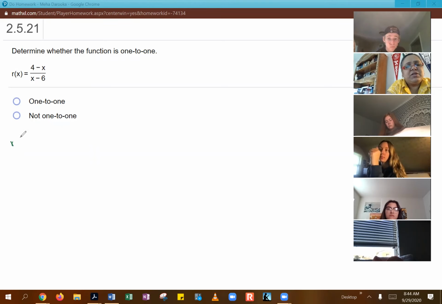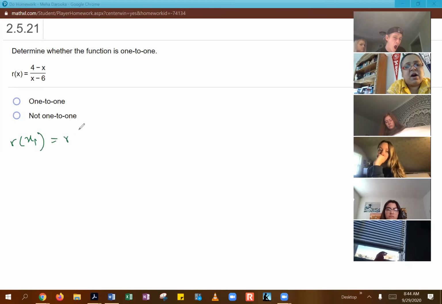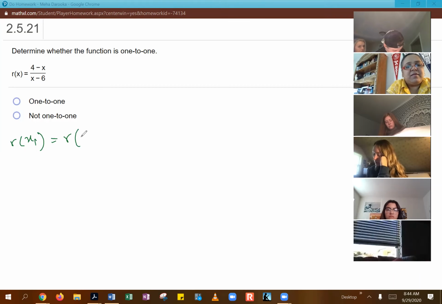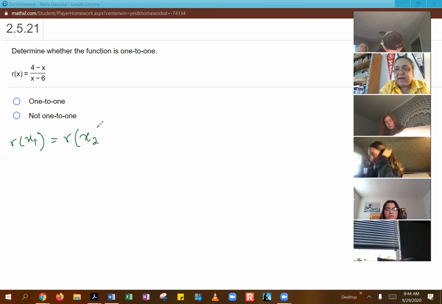So what we actually do is we start out by pretending that we are using two different x values. So you write these as r of x1 equals r of x2. We're starting out by pretending we have two different x values, and our goal is to show that they are actually the same x value.